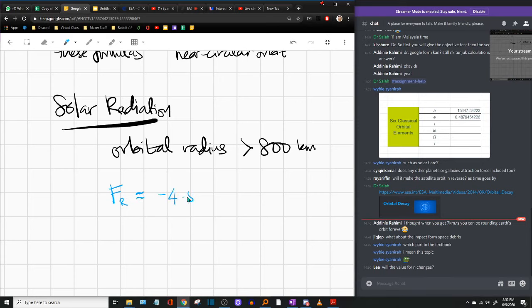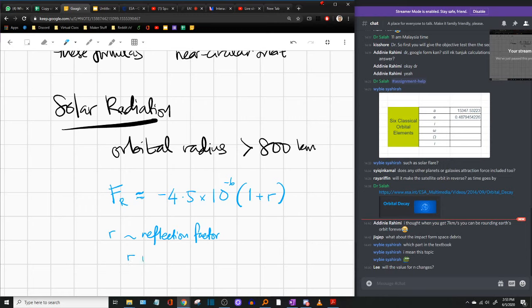It's about 4.5 times 10 to the power of minus 6, times 1 plus r, where r is the reflection factor: how reflective is your satellite.